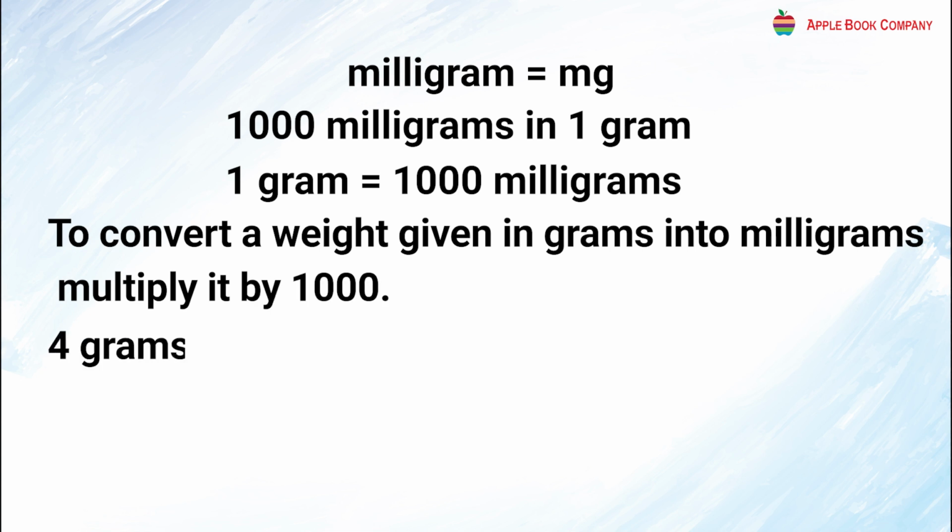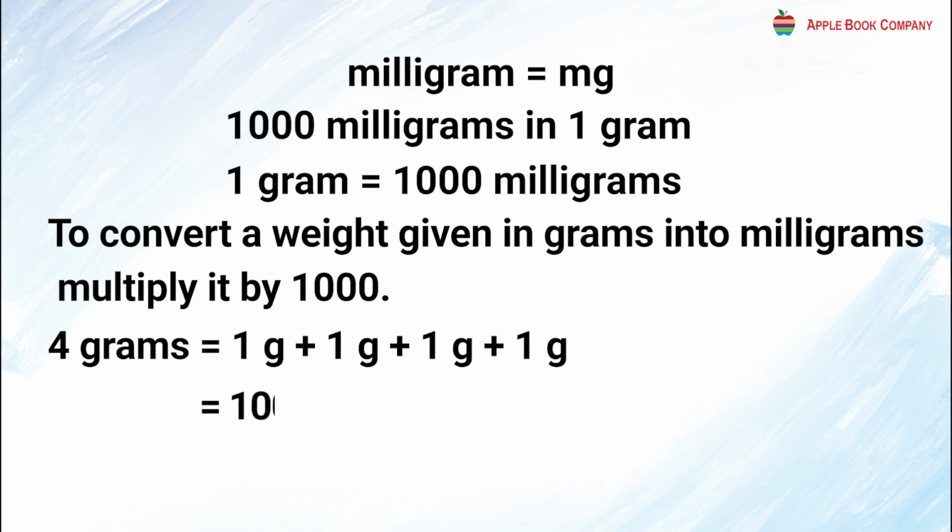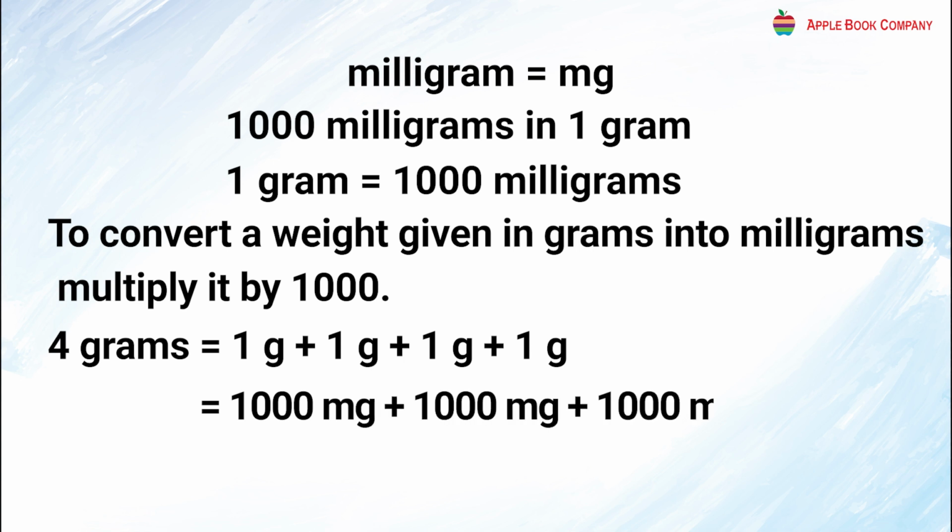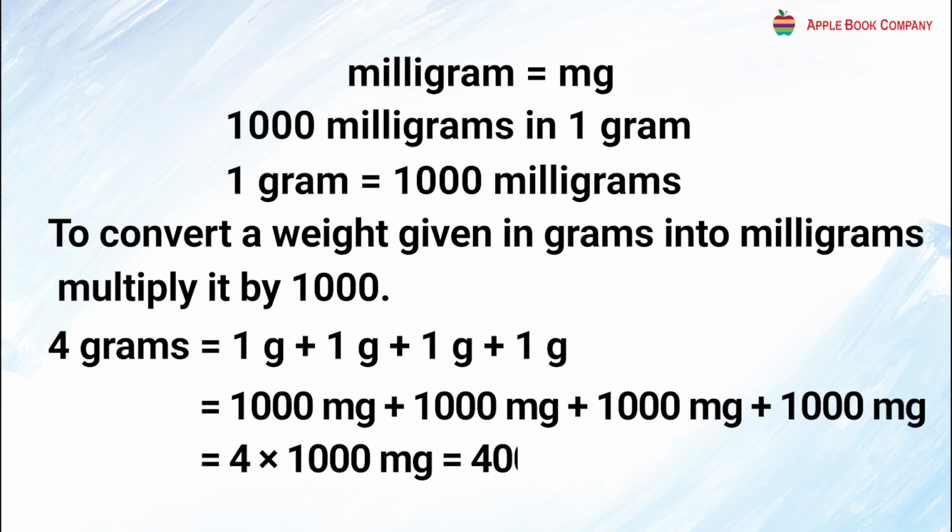4 grams is equal to 1 gram plus 1 gram plus 1 gram plus 1 gram, which is equal to 1000 mg plus 1000 mg plus 1000 mg plus 1000 mg, which is equal to 4 into 1000 mg, which is equal to 4000 mg.